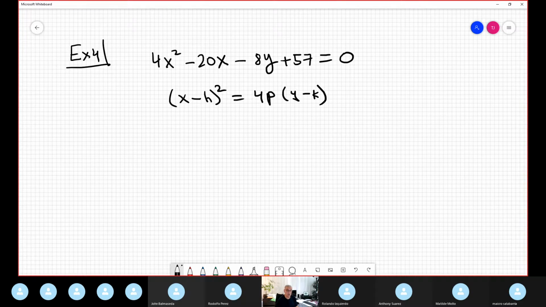So you separate the x part and the y part alone, like that. You see that part: I can factor out 4 from x squared minus 5x. Here I complete the square because I need to form a trinomial here. And when you factor, it gives me that squared part.